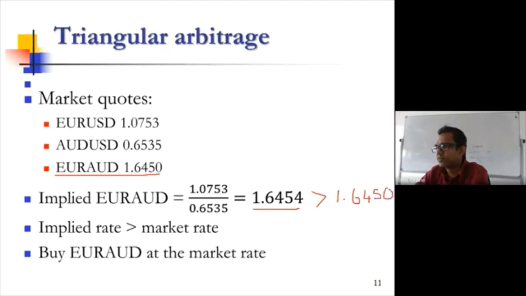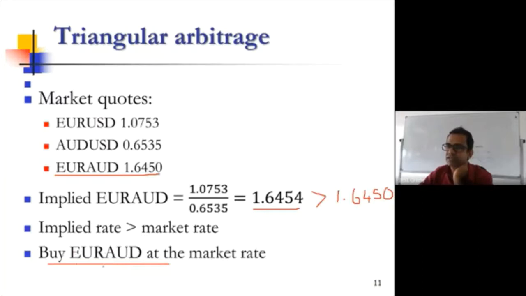Then what do you do? You buy euro from the market. In the previous example, you sold euro in the market. Now, since the market rate is lower than the implied rate, you buy euro from the market. Then what other trades do you do? You buy euro and pay Australian dollar. Then what other two trades do you do in this market?